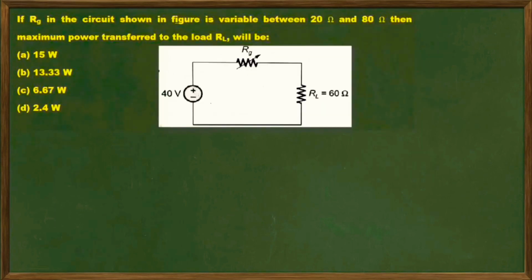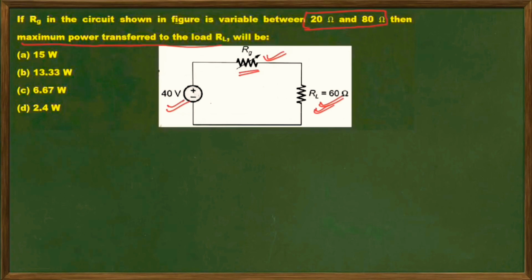Here in this question there is a voltage source, a load resistance and a source resistance. The source resistance is variable, and we have to operate it in such a way that, between 20 ohm and 80 ohm, the maximum power will be transferred to the load resistance.